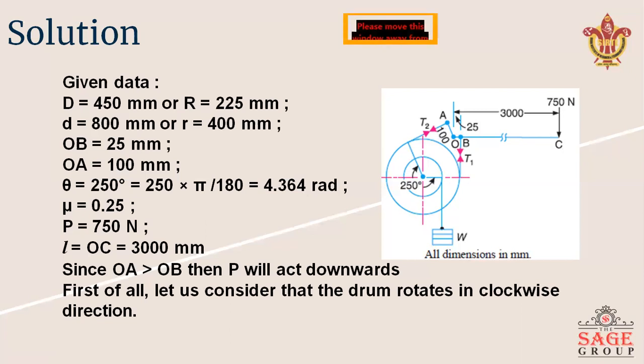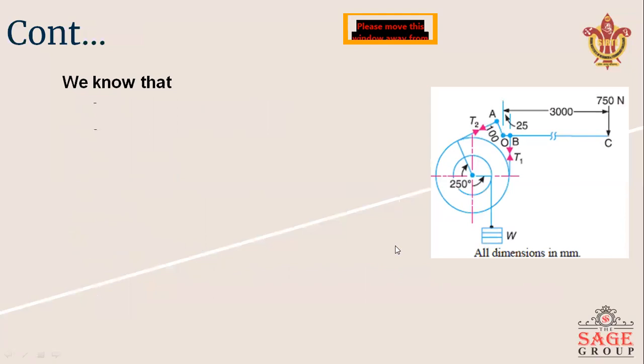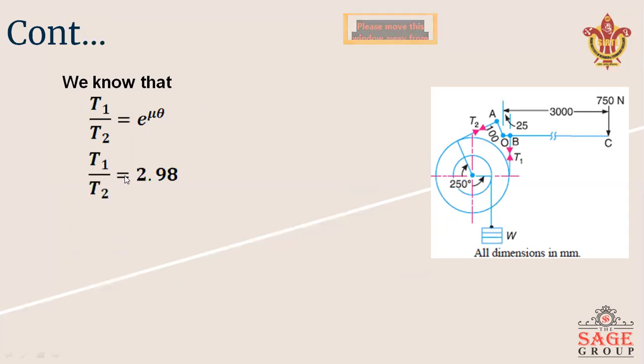So first of all, let us consider the drum rotating in the clockwise direction. For clockwise direction, we know that T1 upon T2 equals e raised to power mu theta. So T1 upon T2 equals 2.98 by substituting the values of mu and theta.